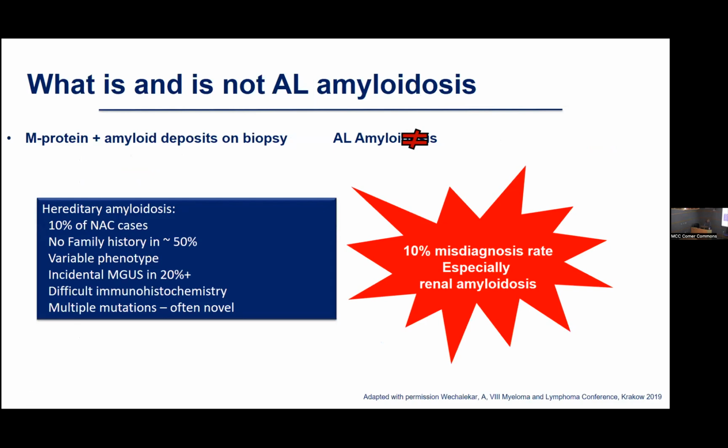An M protein, I already said this earlier in the talk. How much time we got? Oh, we got time. So an M protein plus amyloid deposits on biopsy does not mean they have light chain amyloidosis, okay? The only way to prove they have light chain amyloidosis is to send the tissue for mass spec.